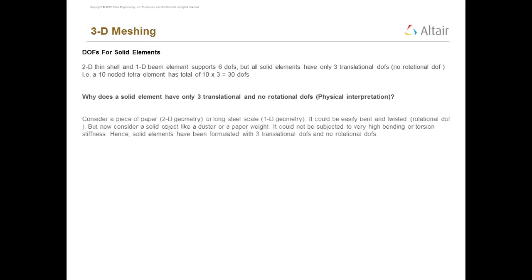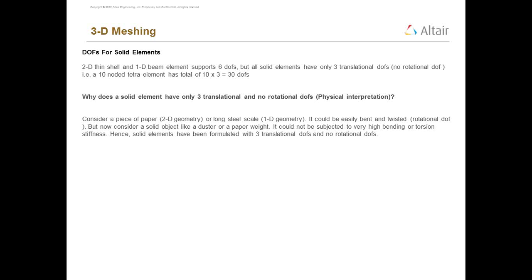Why does a solid element have only 3 translational and no rotational degrees of freedom? Let's physically interpret that. Consider a piece of paper, a 2D geometry, or a long steel scale, that is a 1D geometry. It could be easily bent or twisted, that is rotational degrees of freedom.